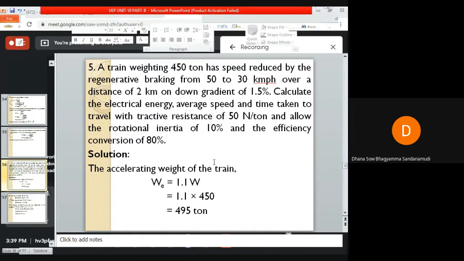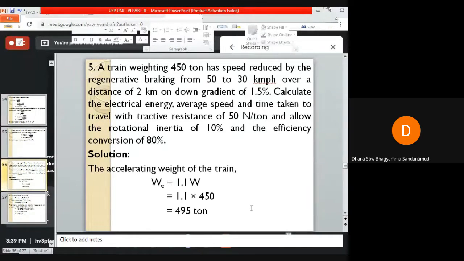A train weighing 450 tons has its speed reduced by regenerative braking from 50 to 30 kilometers per hour. So the dead weight of the train is given, that is 450 tons.